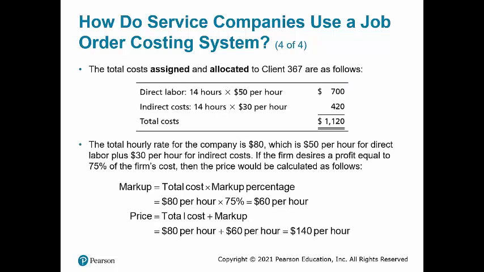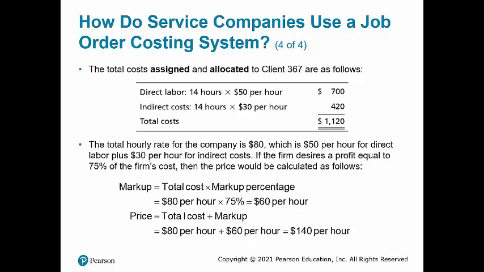So let's look at how total costs would be assigned and allocated to a particular client. So if 14 direct labor hours were used for that client, we would multiply 14 times 50, and that would give us $700 in direct labor costs.